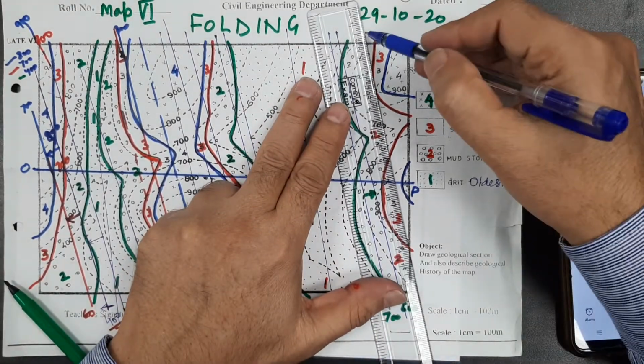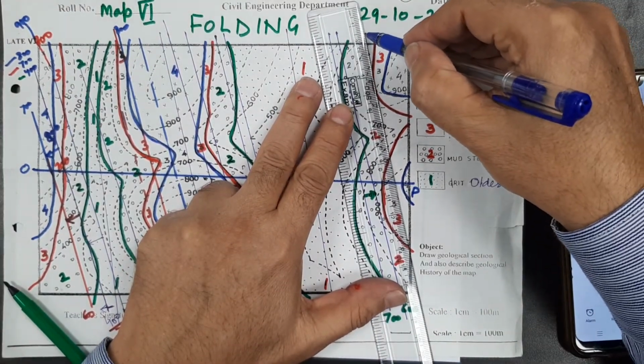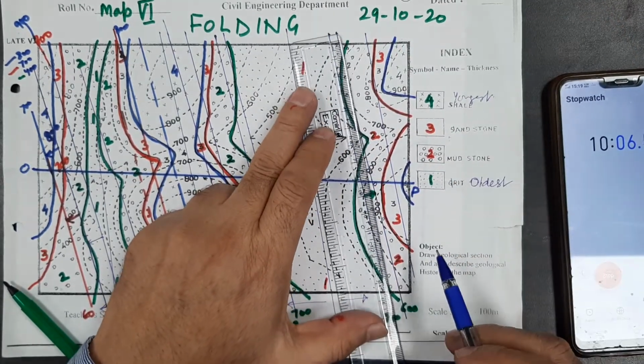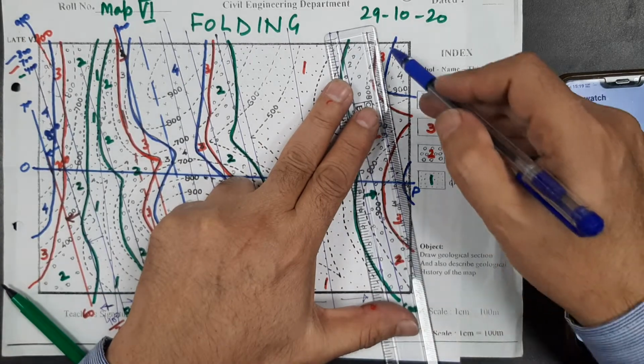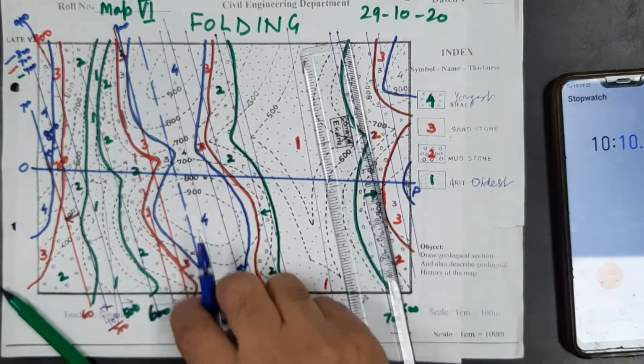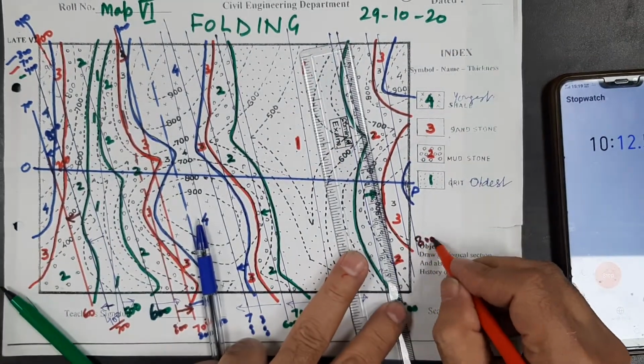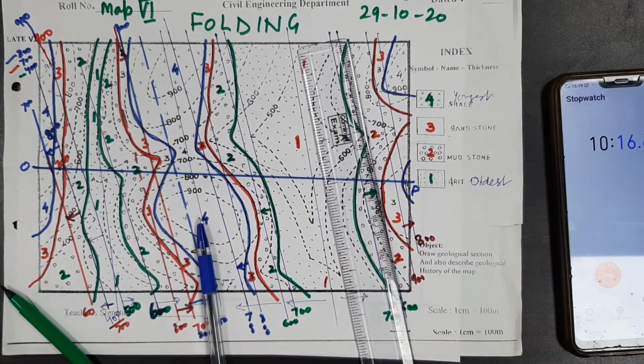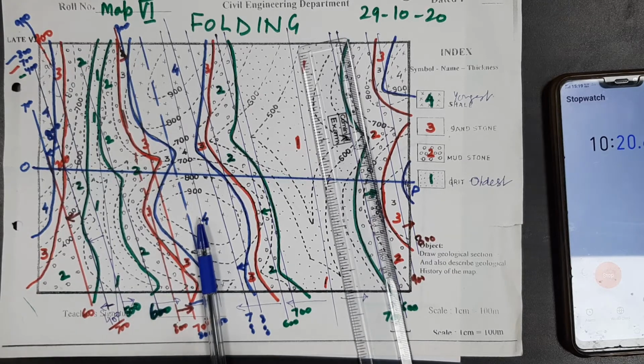See here, this is 900, this is 900, and on the same, if I can find the 800 here, this is 800 and this is 900, the angle of dip is in this direction. So you see the angles of dip are changing from one place to another.